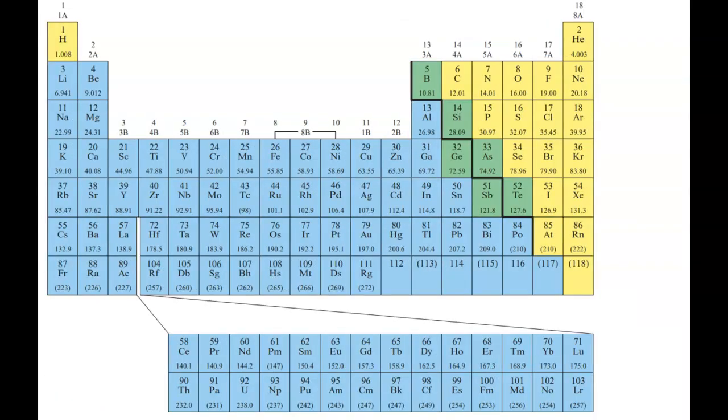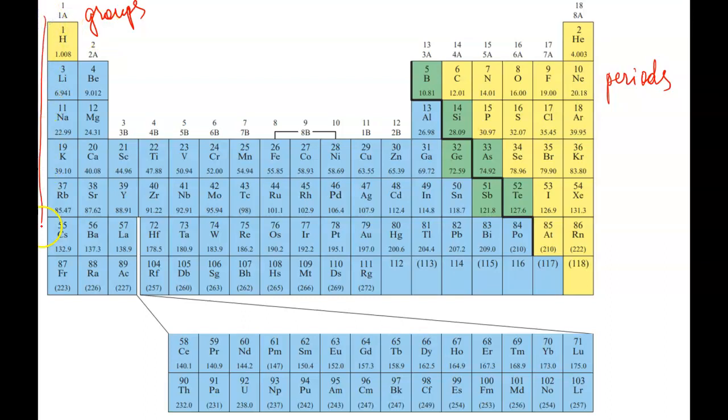Let's go back to the periodic table, to its organization. There is specific terminology used in describing the periodic table, such as columns called groups, and horizontal rows called periods. And now, instead of saying column 1, you would say group number 1, this one.